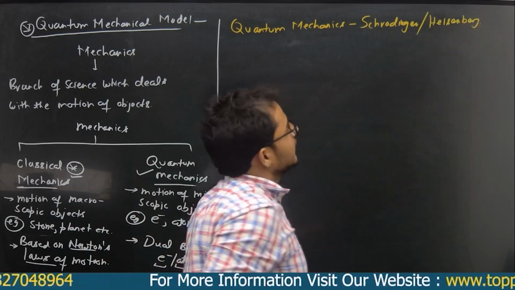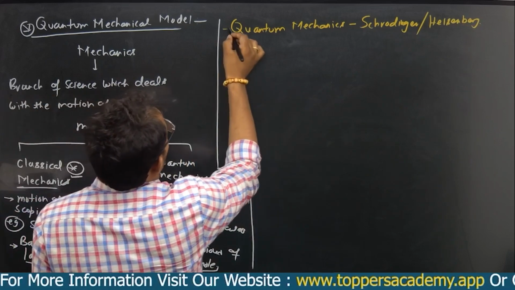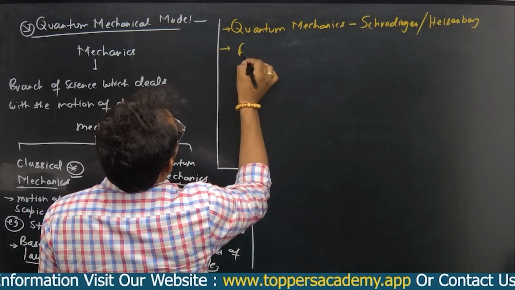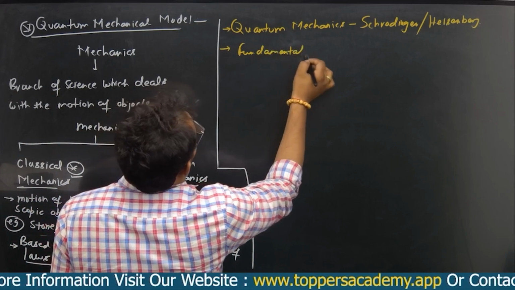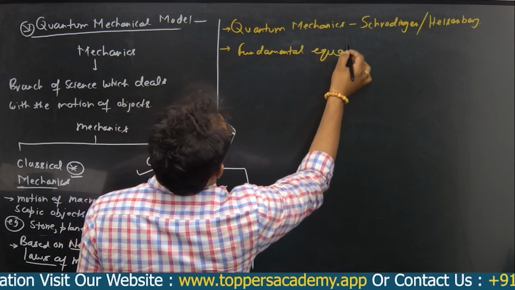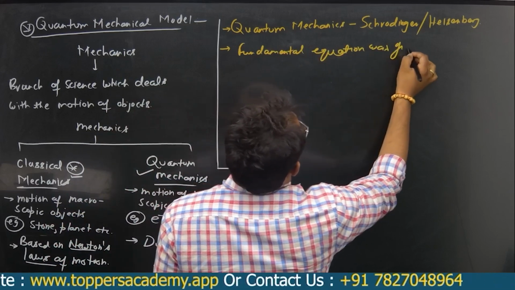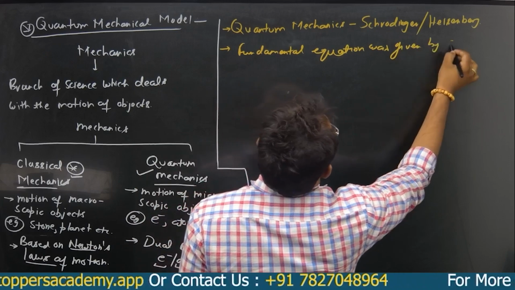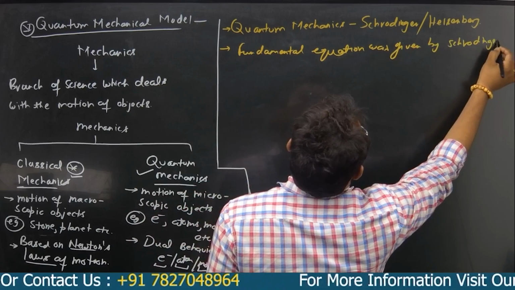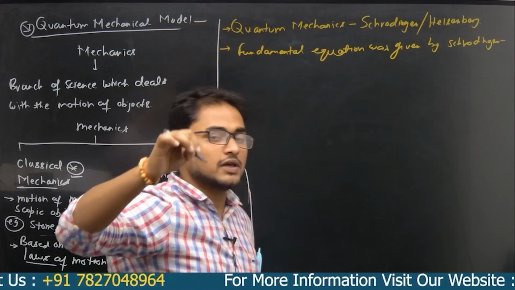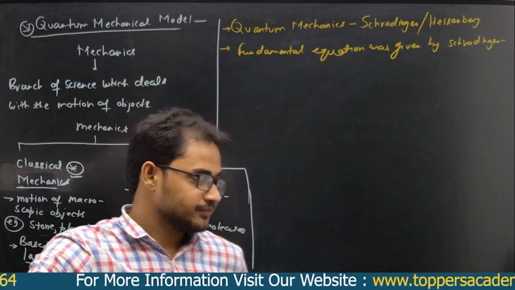These two scientists introduced quantum mechanics, but the fundamental equation was given by Schrödinger, for which he was awarded the Nobel Prize, okay?